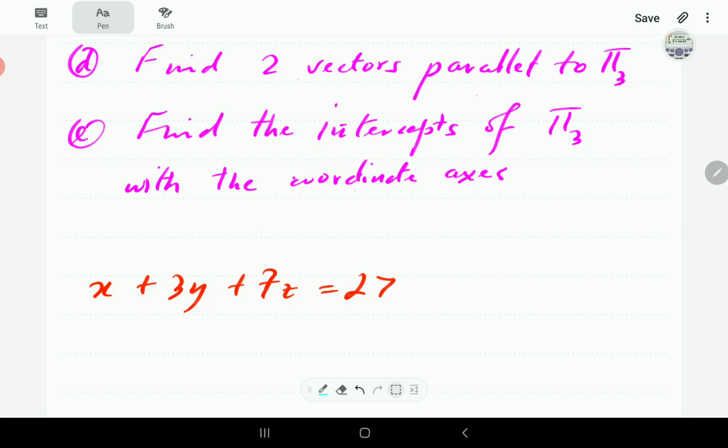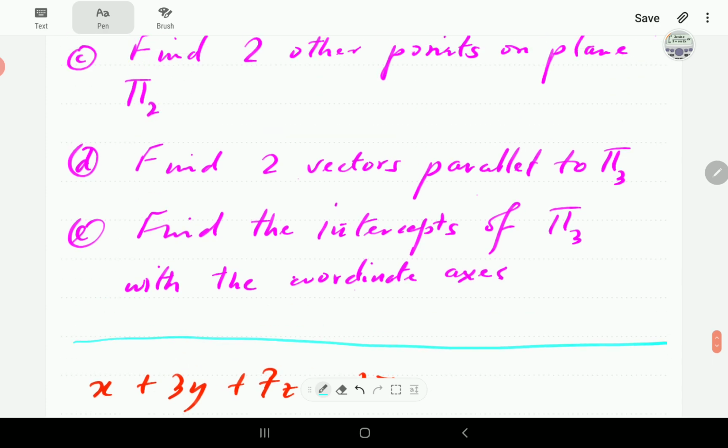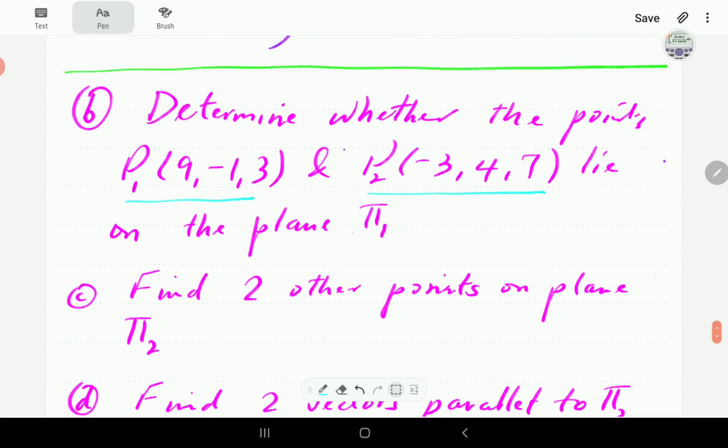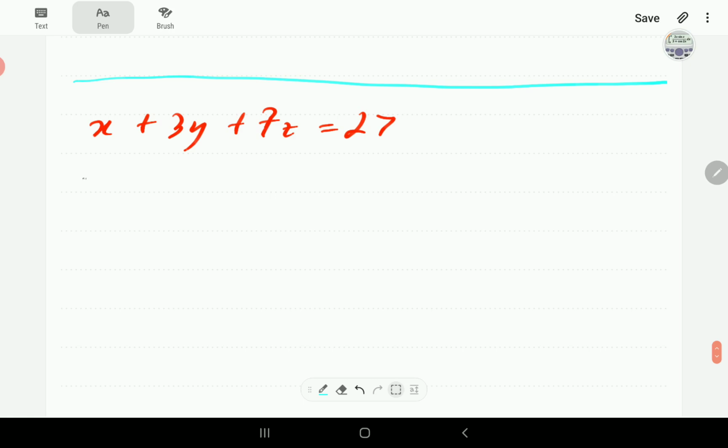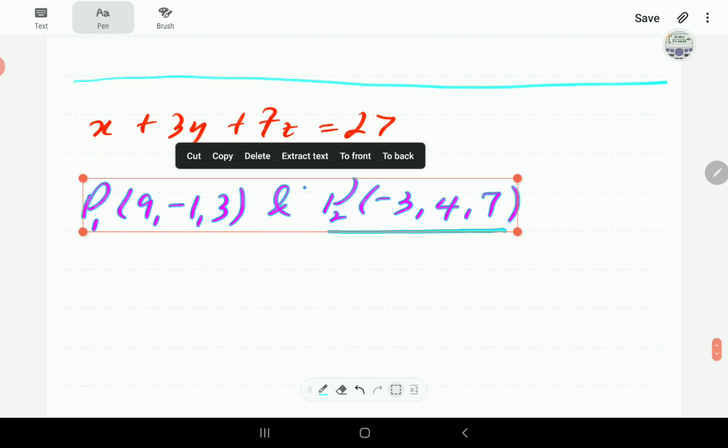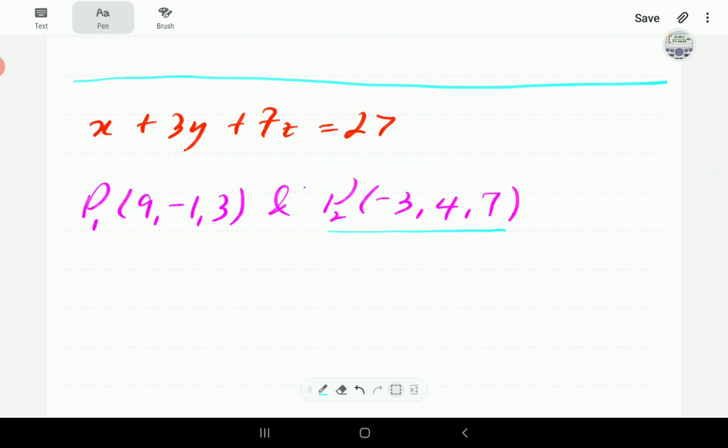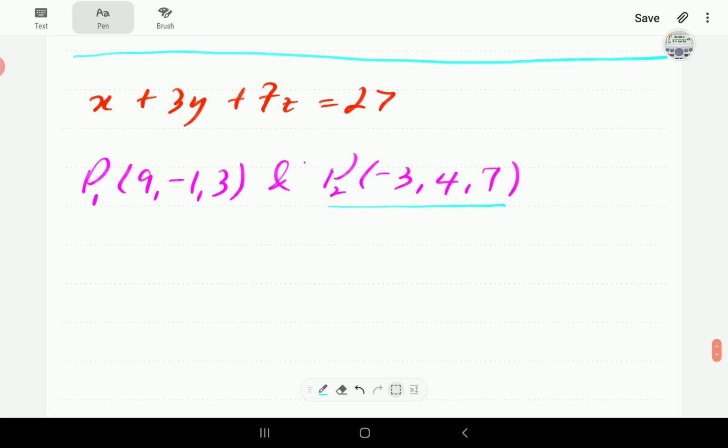So there is the scalar equation for pi 1. Now the first point, let me bring both of them down. The first point is (9, -1, 3). If that satisfies the equation, then the point is on the plane.